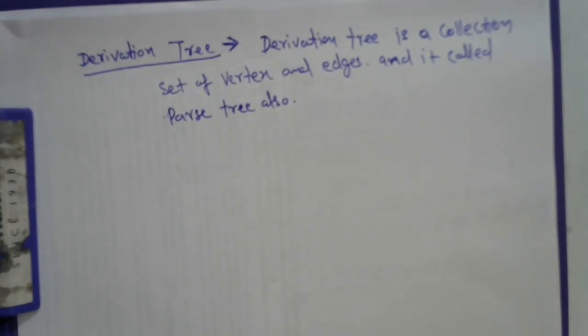What is the basic characteristic of the parse tree, or derivation tree? The basic characteristic is how we can represent the grammar in this parse tree.